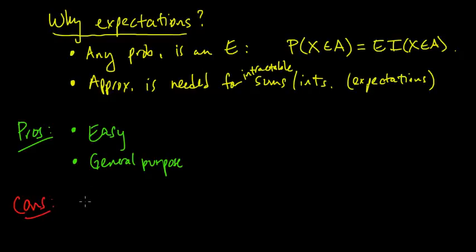But this leads us to the cons. The first pro is that it was easy, and the first con is that it's also easy. And in fact, it's too easy. It's so easy that it's overused, so it's often used inappropriately.